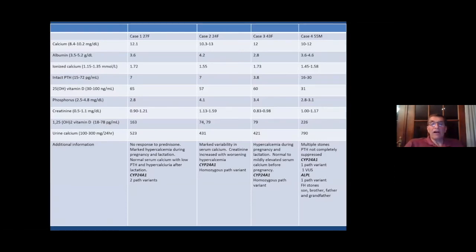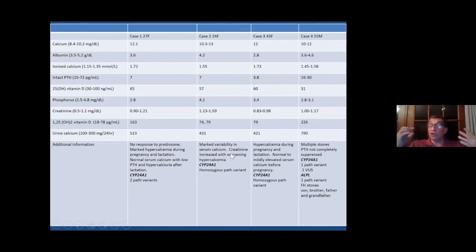This is a summary of the 4 patients we've seen. So patient 1, she had no response to prednisone, marked hypercalcemia during pregnancy and lactation, and then normalized after pregnancy and lactation with low PTH and hypercalciuria. Patient 2 was interesting because she was also a young woman, but the striking thing about her was her calcium would go from 10 to 13 with no apparent reason. And not surprisingly, her creatinine would go up to 1.5 when her calcium went up.